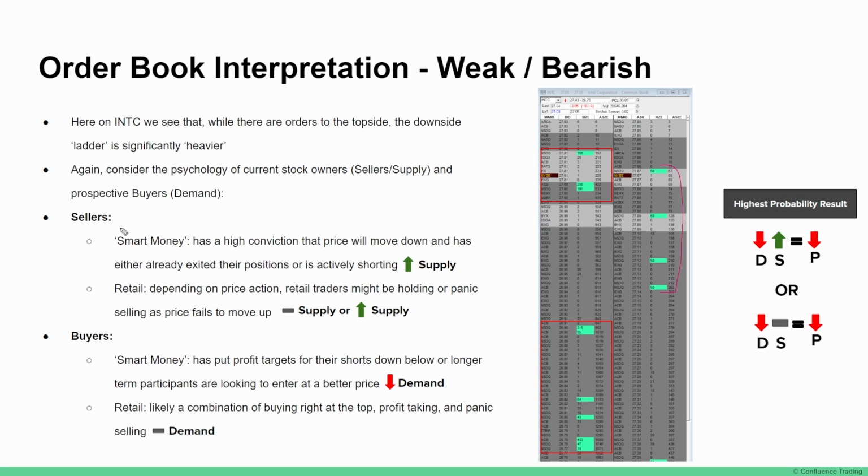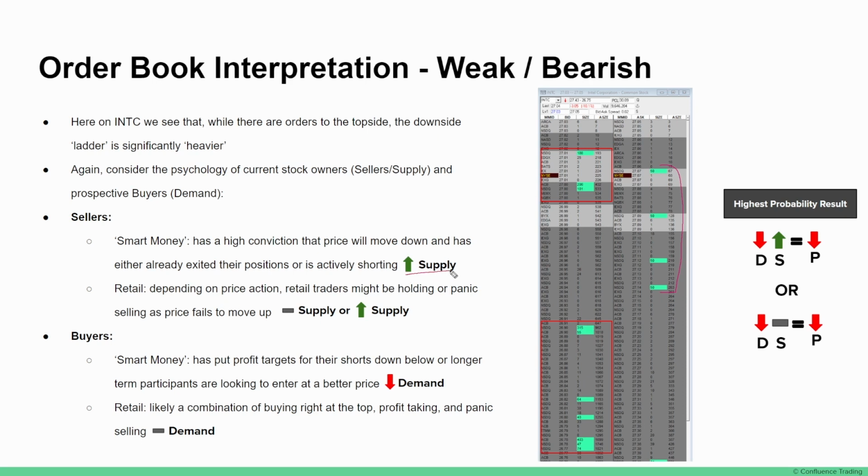So on the sell side, in this particular example, you have once again the smart money, and the smart money is obviously convinced that price will move down. And they've either already exited their positions around the current price, or they're actively shorting, and these are actually profit targets down below.